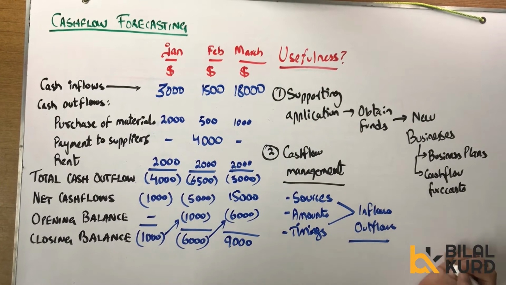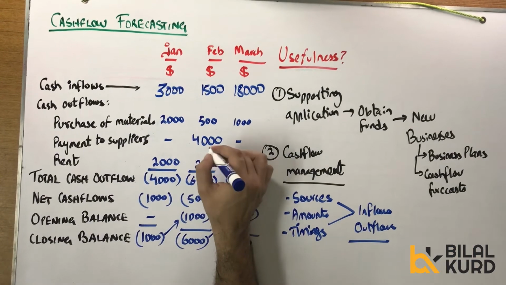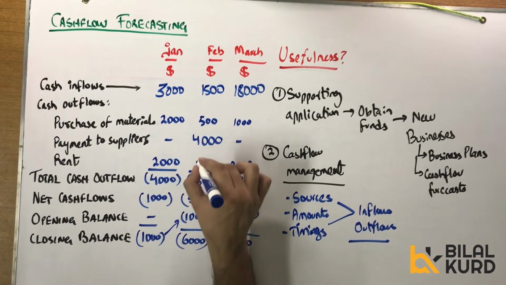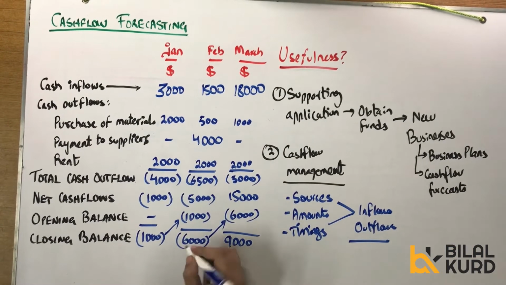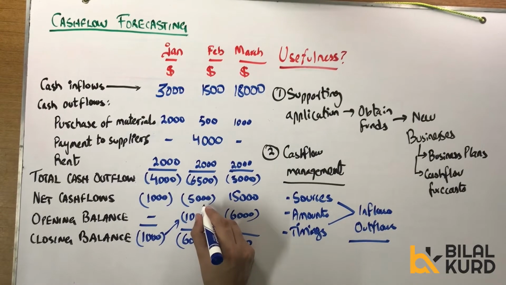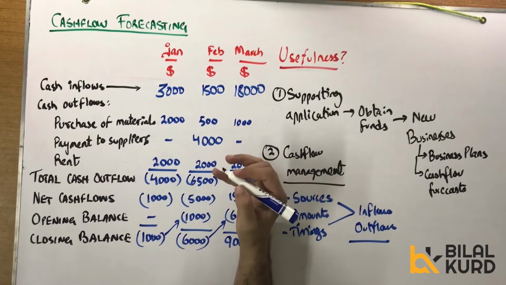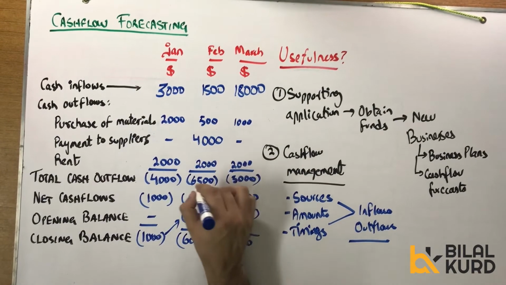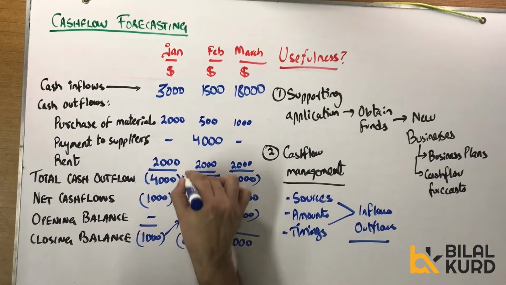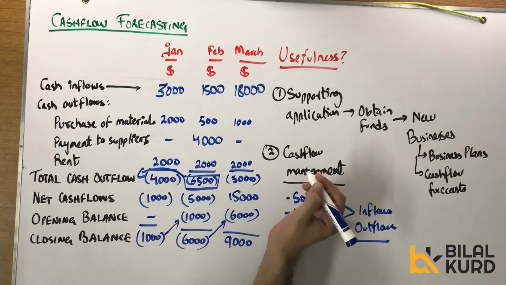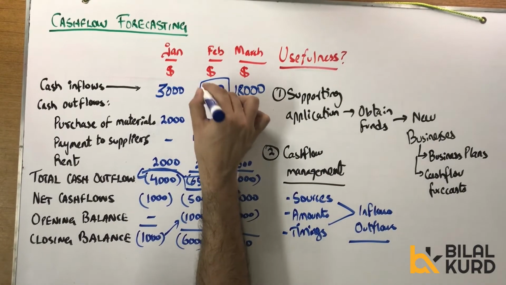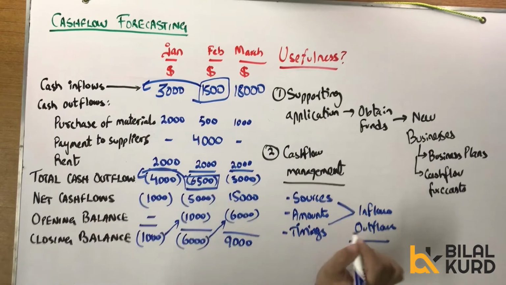What do I mean? For example, if you see these months, in the month of February, there seems to be the highest negative cash flow, or in other words, the highest negative closing balance. And if you focus on the reasons, you can see that the month of March has apparently the highest cash outflows, and not just this, but the lowest cash inflows as well.